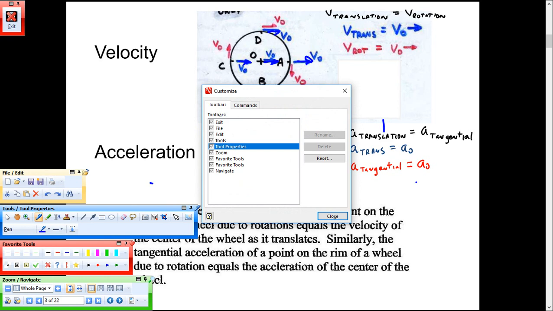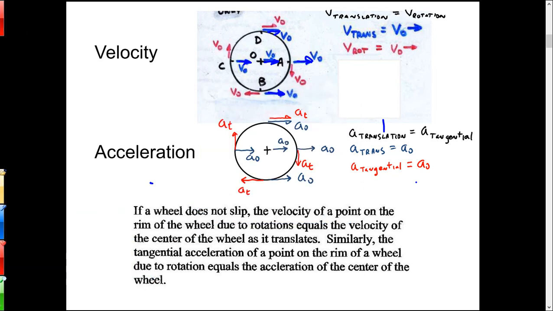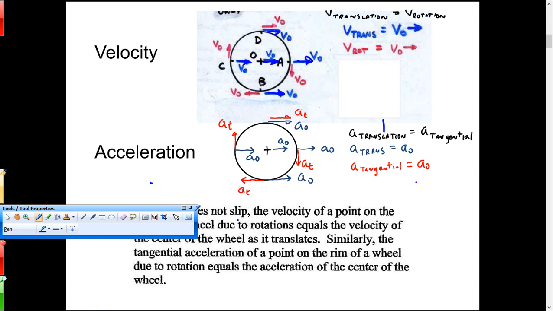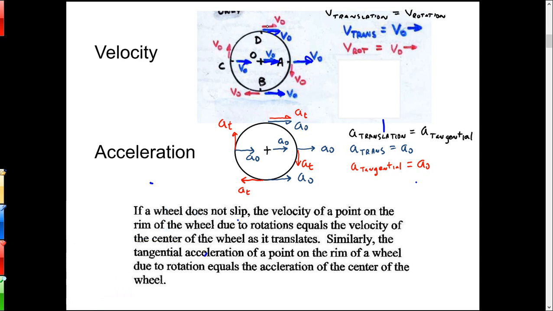The red vectors are due to the fact that the thing is rotating without slipping. And it just so happens that the two vectors are equal in magnitude. So if you want the absolute velocity of any point, you have to sum the vectors.